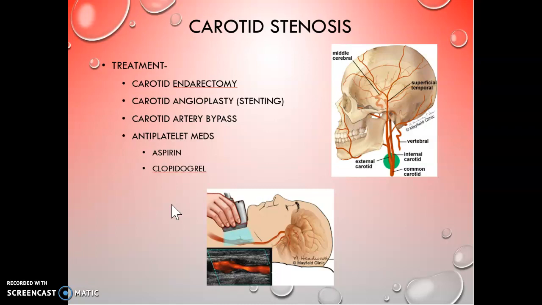If they're having a carotid artery bypass, an endarterectomy or angioplasty is conscious sedation. They're not fully put out. It's not surgical. They go through a vessel similar to a cardiac cath. But a carotid artery bypass is an actual surgical procedure where a vessel is replaced, and they'll have scarring.